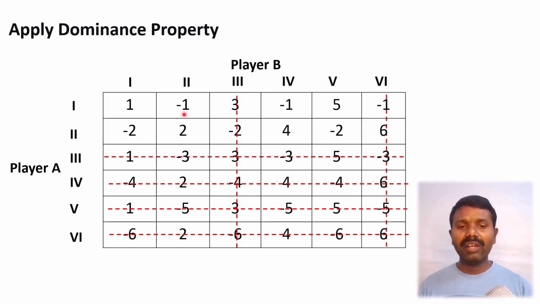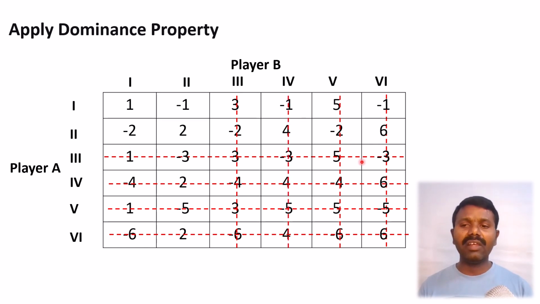Again the second strategy with the fourth strategy, the fourth strategy is dominating the second strategy, and 2 is dominated by 4. So finally the fourth strategy is dominating the second strategy, so we can remove the fourth strategy. And again the fifth strategy is dominating the first strategy, so the fifth strategy also can be eliminated.